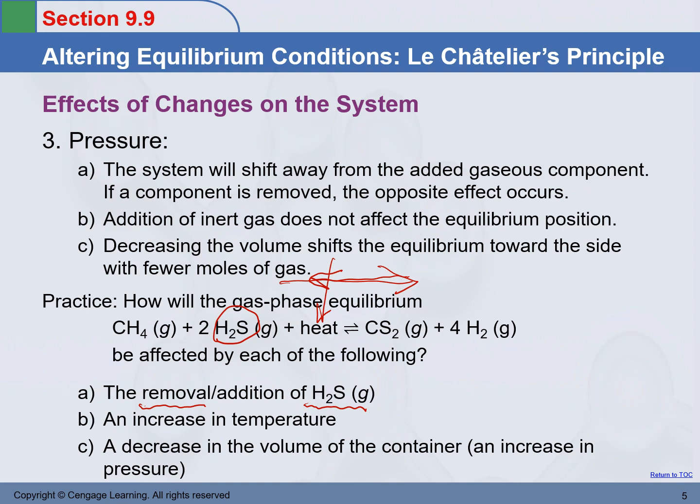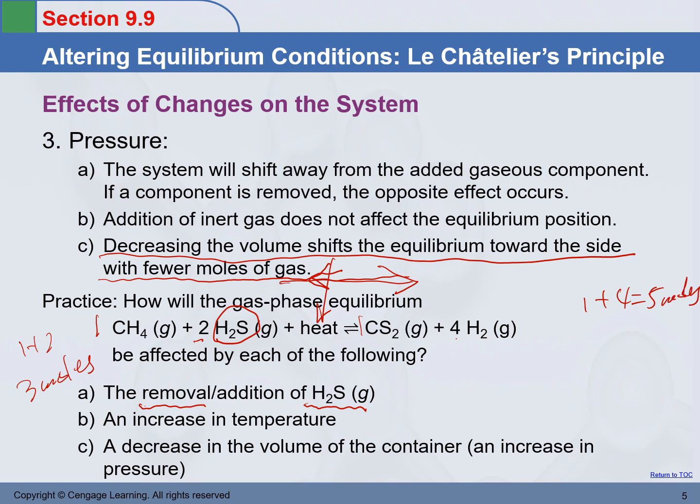A decrease in the volume of the container or an increase in pressure. Decrease in volume, increase in pressure, similar. We just learned that a decrease in volume will shift the equilibrium towards the side with fewer moles of gases. On the left, we have 1 plus 2, 3 moles of gases. On the right, we have 1 plus 4, 5 moles of gases.